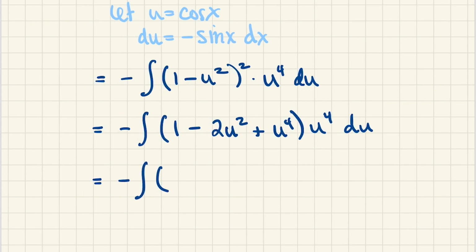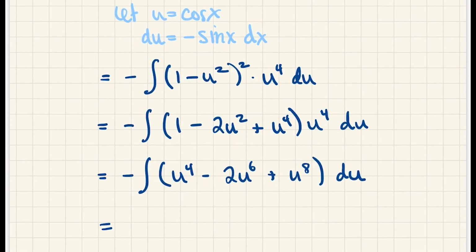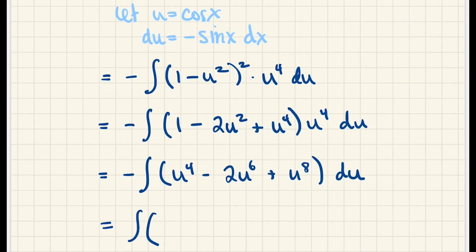So we have u to the fourth minus 2u to the 6 plus u to the 8 du. And we are ready to integrate, but why don't we just distribute the negative and write this in descending order. So we have negative u to the 8 plus 2u to the 6 minus u to the 4 du.